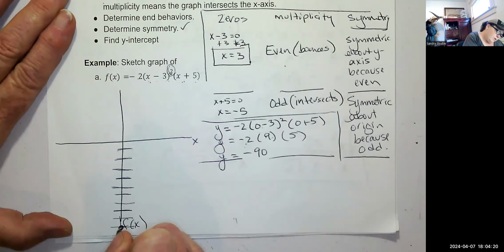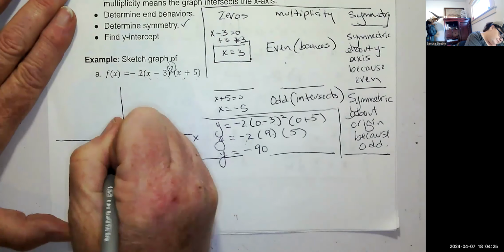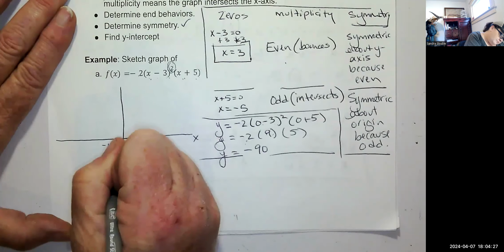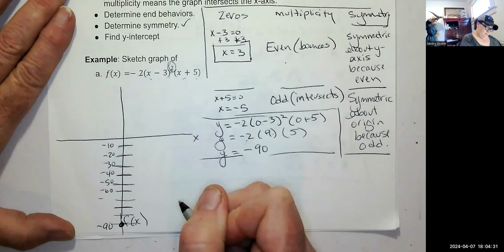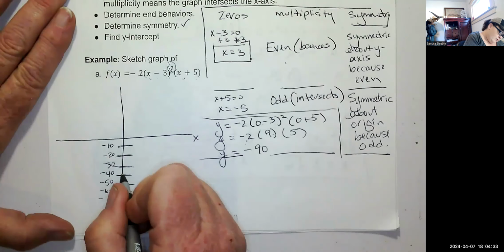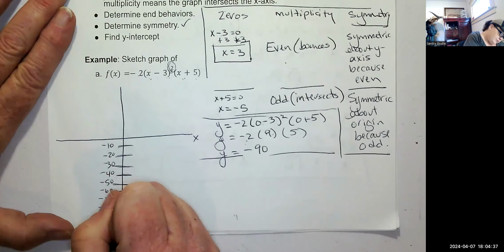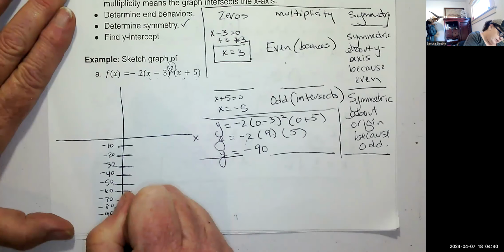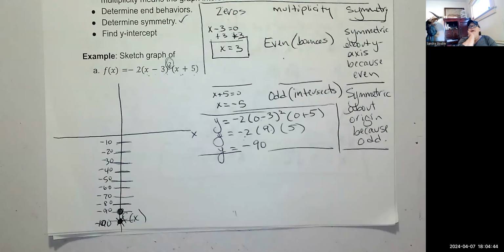There's our y-intercept at negative 90. Oh, that's not negative 90. 10, 20, 30, 40, 50, 60, 70, 80. Oh, that's wrong. That's negative 100. So it needs to be right here. All right, there's our negative 90.